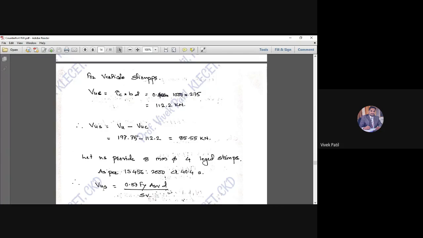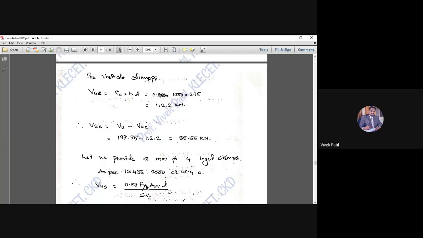Okay, so the value of Vus is known to us. What is the steel we are going to provide? What was the fy? Which grade of steel are we providing here? 415, we are using.